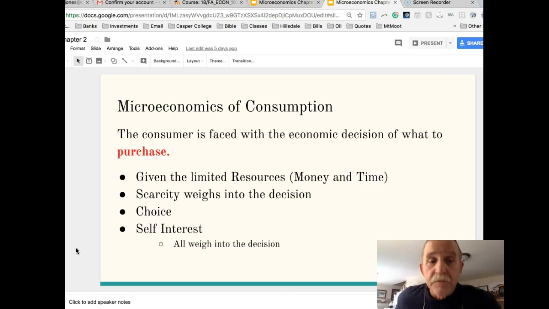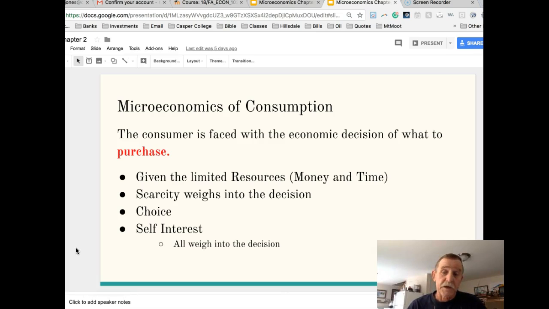Okay, these are the things that we talked about at the very beginning. Microeconomics of consumption. The consumer is faced with economic decisions of what to purchase given limited resources. And we're mainly talking about resources for the consumer being money and time.